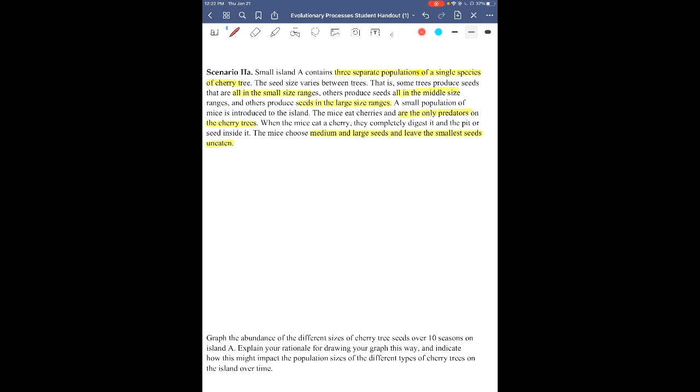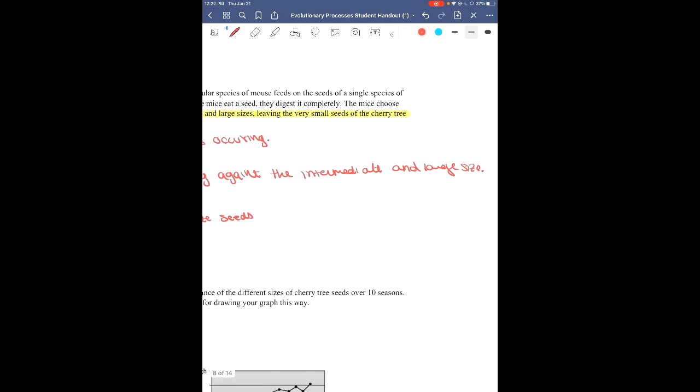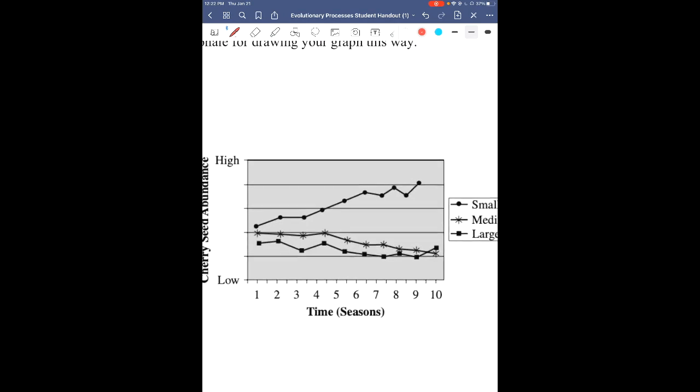And then it's telling us that there are small range seeds, mid range seeds, and large range seeds. And then it's telling us that the mice introduced to that island only eat that cherry and they leave the medium and the large seeds eaten. So if this was the only information we were given, our graph would look something like this.